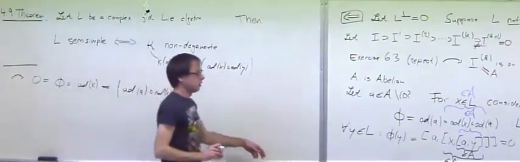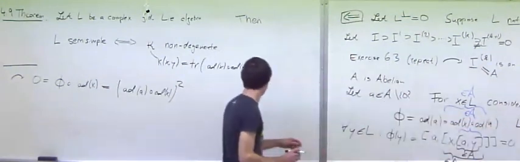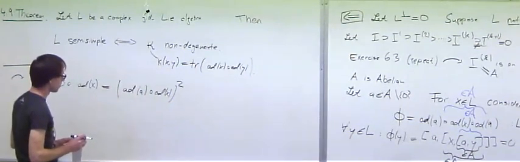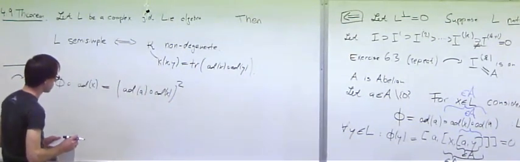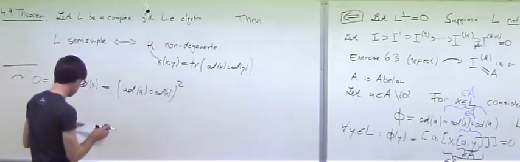Altogether now we have ad A, ad X, ad A, and then ad X. So we just write this as (ad A ad X) to the power 2. And this is also 0.